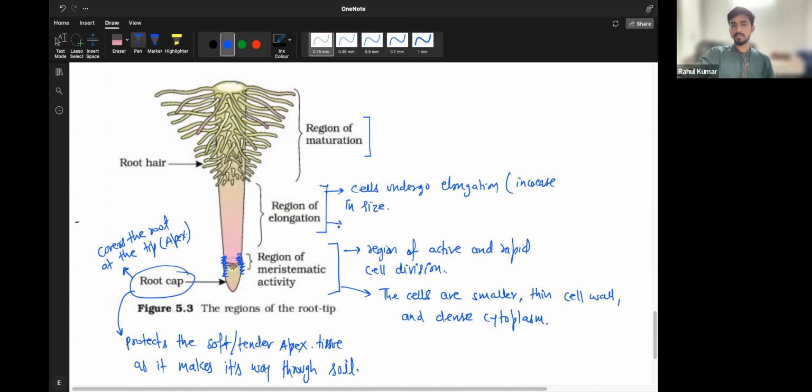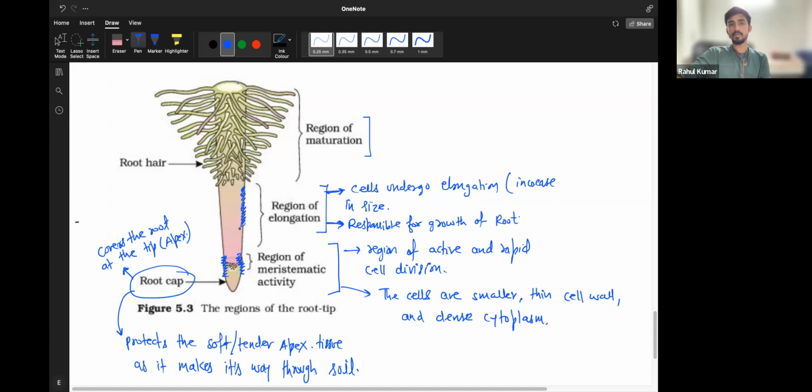And this region is responsible for growth of the root. So how big or long the root will be, that is decided by the region of elongation, and it is a big region.